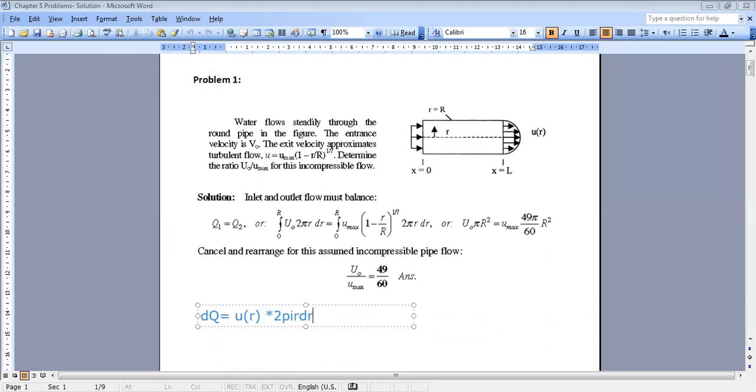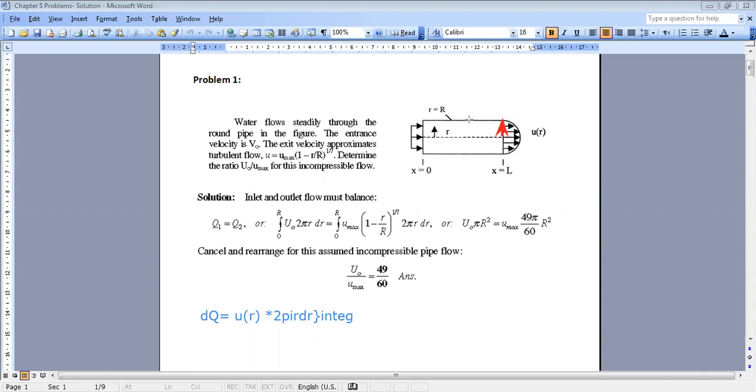Okay, so now I will integrate this term. Between which boundaries? From what to what will I integrate? Look, your radius is varying, r is varying from 0 to big R, as you can see here in the figure.